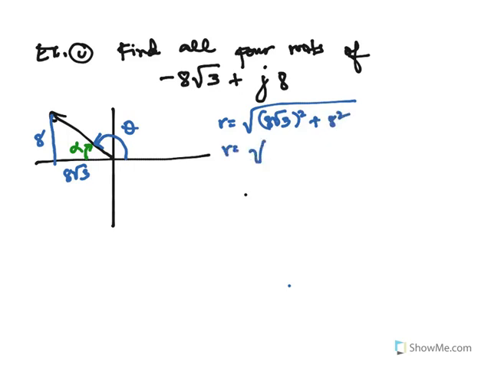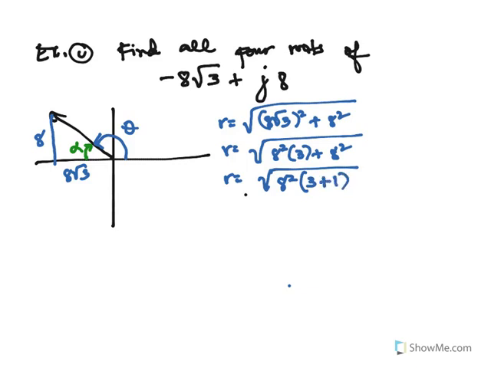So R is equal to the square root of 8 squared times 3 plus 8 squared. Now, instead of squaring and then adding the terms inside the radical, what I do is I just factor out the 8 squared. What will be left on the first term is 3, and on the second term is 1, so 3 plus 1.